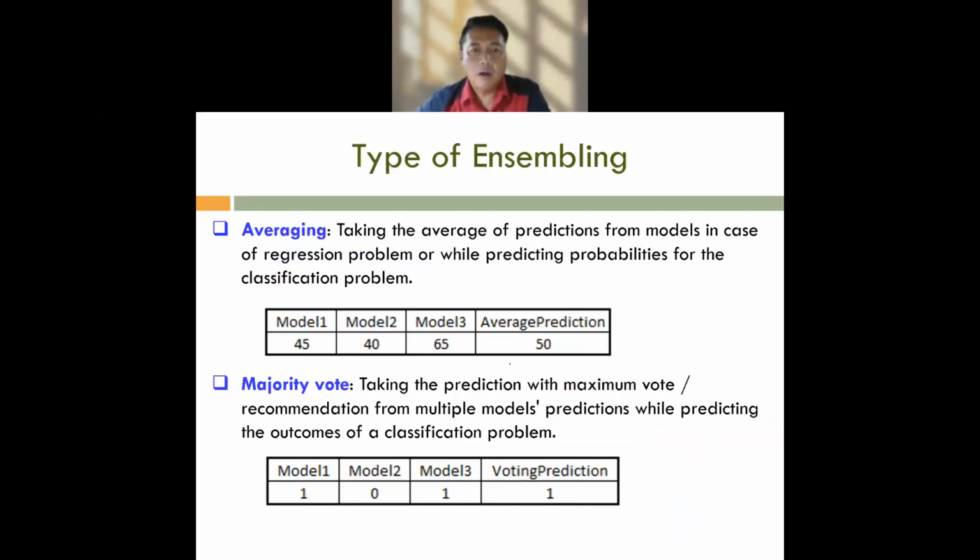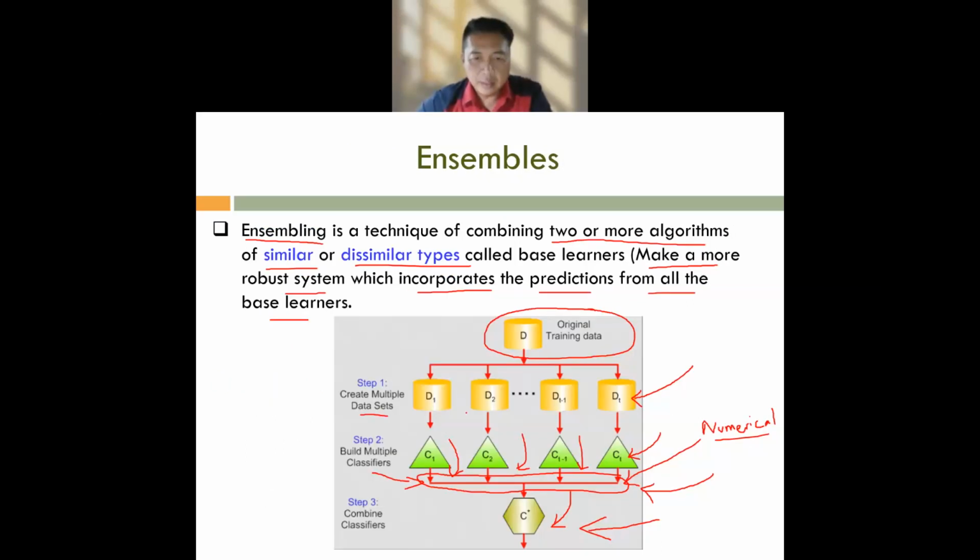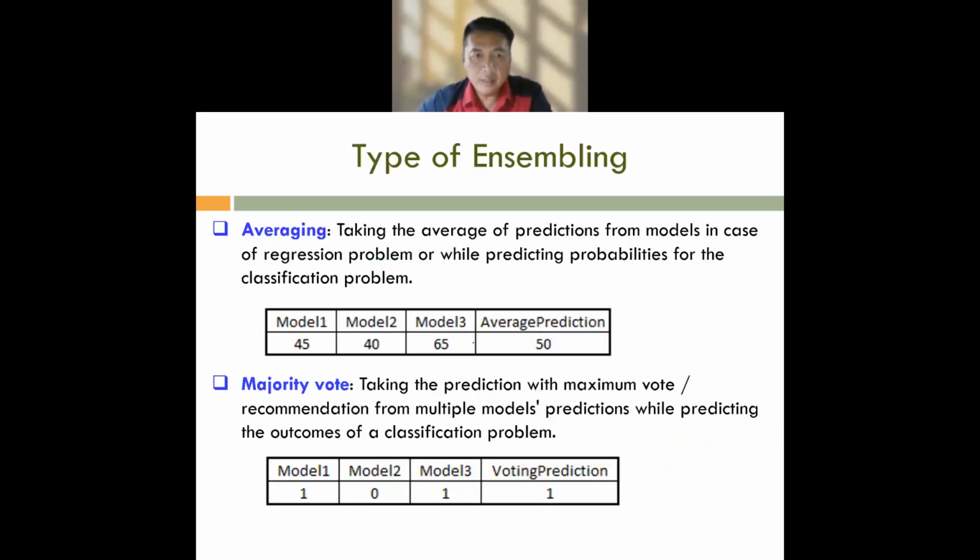So for example, if we get all the result here for these three model, so we are using three classifier. So what we can do is we can take the average. Okay. So the average prediction will be computed based on these three results that we get from different classifier. So basically, we are using classifier 1, 2, and 3.